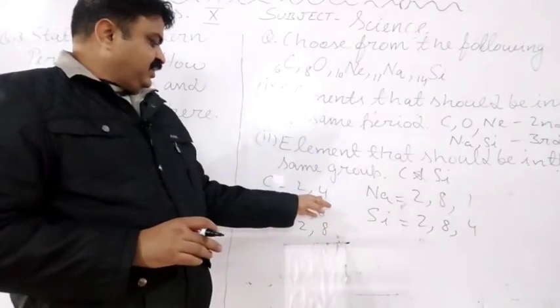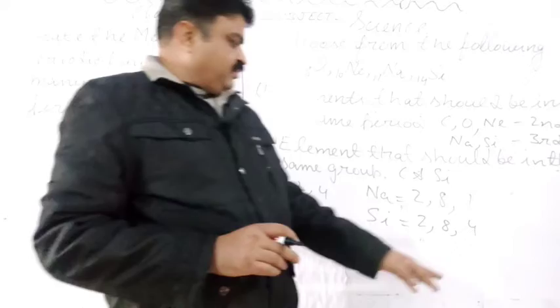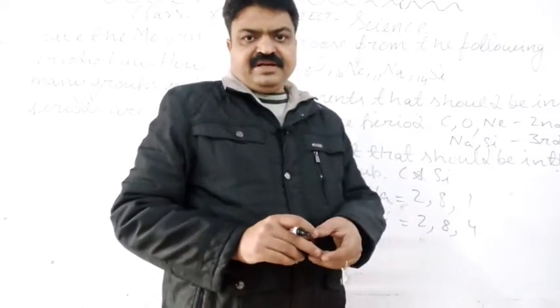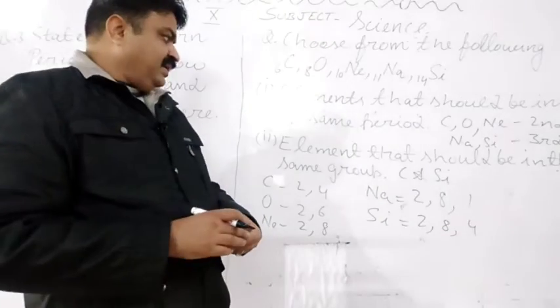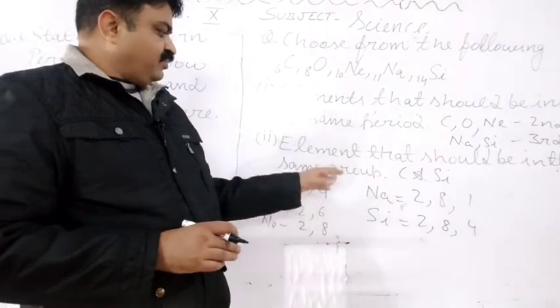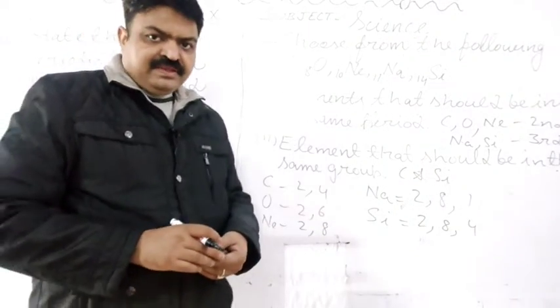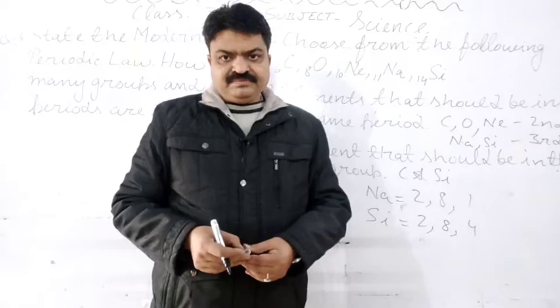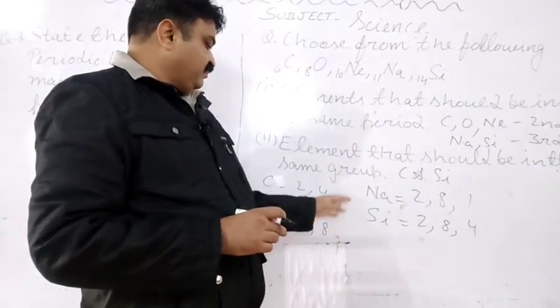In carbon there is 4, in silicon there is 4. That's why we can say that they are in the same group. And what is their group, students? It is the 14th group.